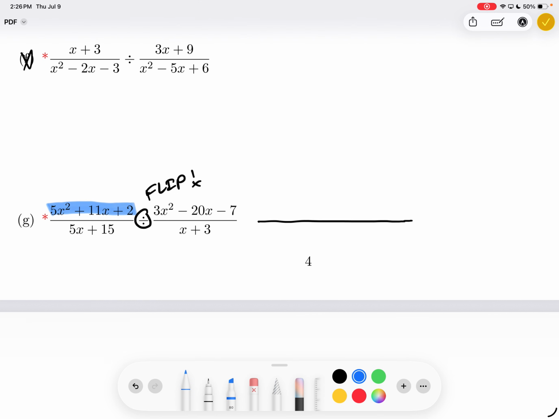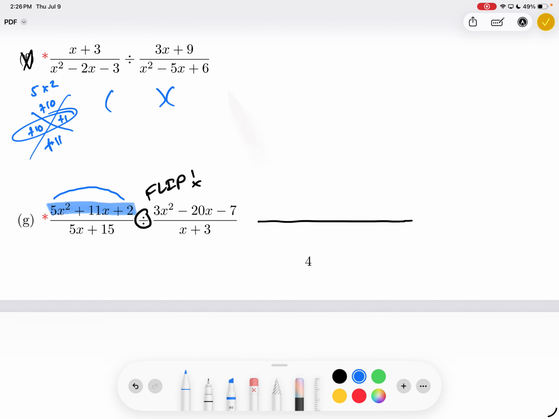All right, my upper left has a trinomial, and it's got a number in front of x squared this time. So remember, I had to do 5 times 2. What multiplies to be 10 and adds up to be 11? 10 and 1.